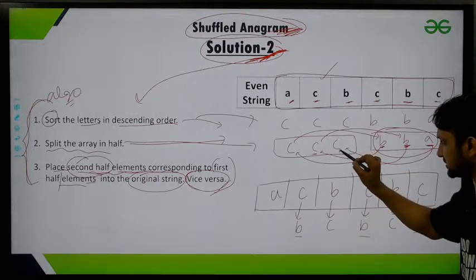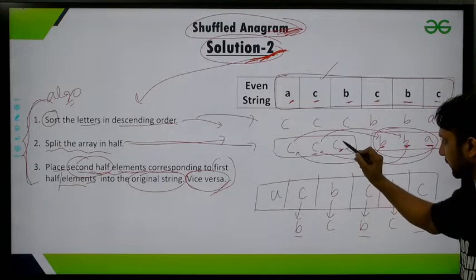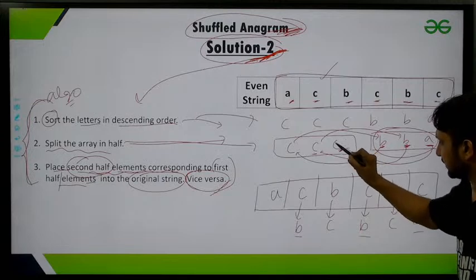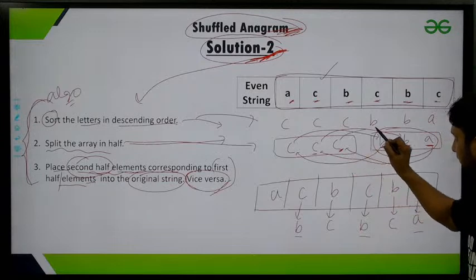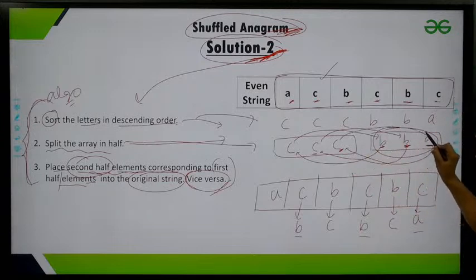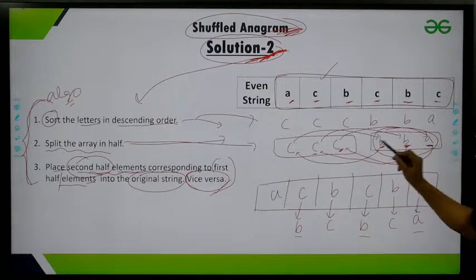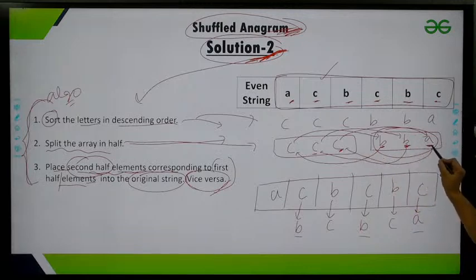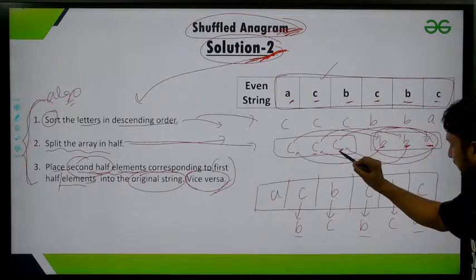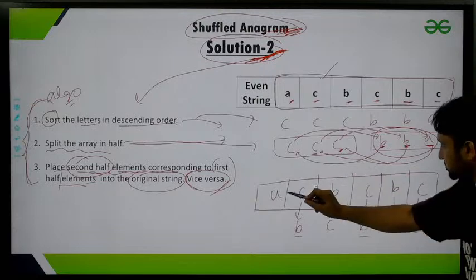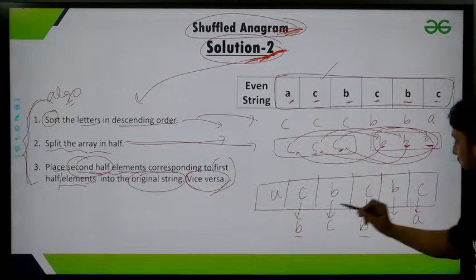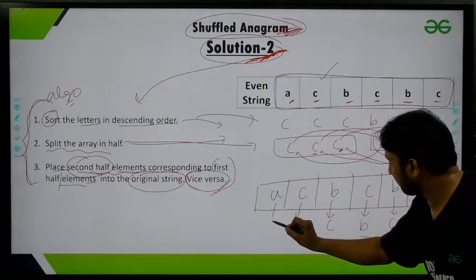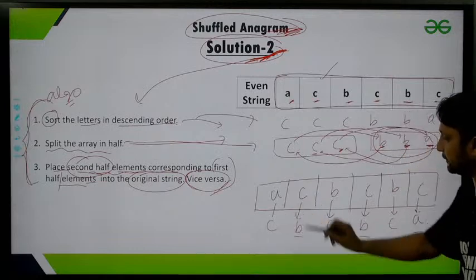I am taking C. I will repeat. This is the one character I get. I relate it to the second array. So the corresponding letter to this C is A. So I will place this C in the original string below A. So here is A. So I put C in place of A.